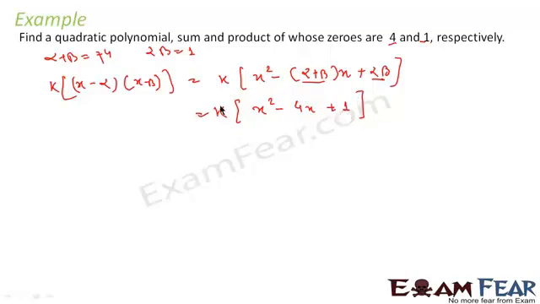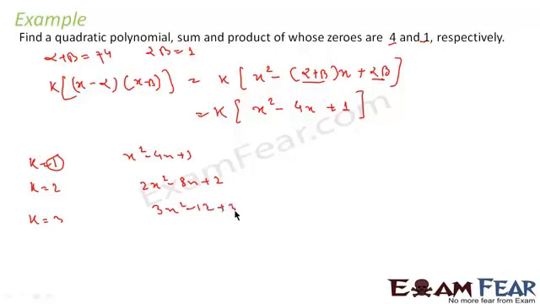Now we can put any value of k. So if we put k is equal to 1, this equation becomes x square minus 4x plus 1. If we put k is equal to 2, this equation becomes 2x square minus 8x plus 2. If we put k is equal to 3, this equation becomes 3x square minus 12x plus 3.